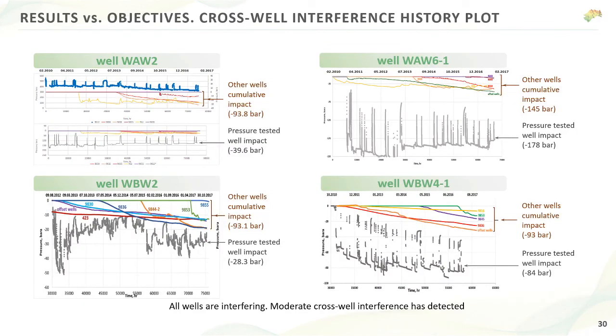And then here on these 4 plots, you can see the cross-well impact. So the colored lines on each of these plots are showing the individual pressure impact of wells surrounding these focus wells. And what we can derive from these plots is that the cumulative impact of offset wells for almost each of these wells is actually higher than the impact of the well itself.